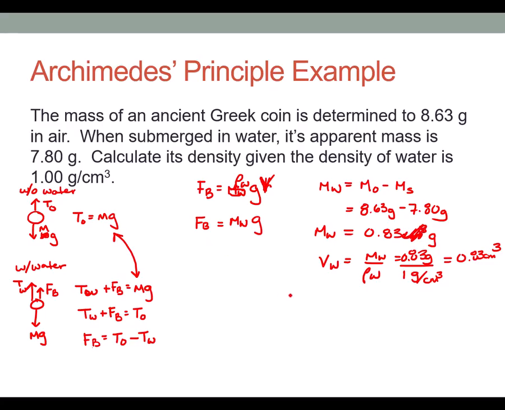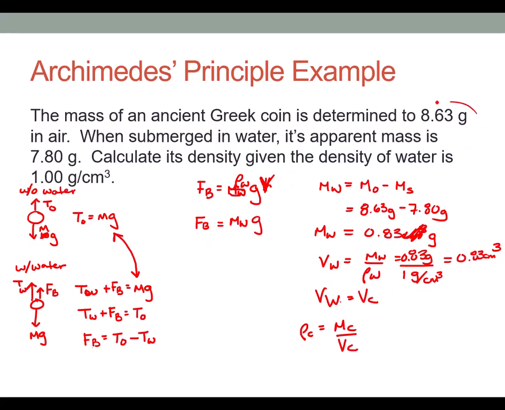But the volume of the water equals the volume of the coin. So now we can find the density of the coin, which is the mass of the coin divided by the volume of the coin.